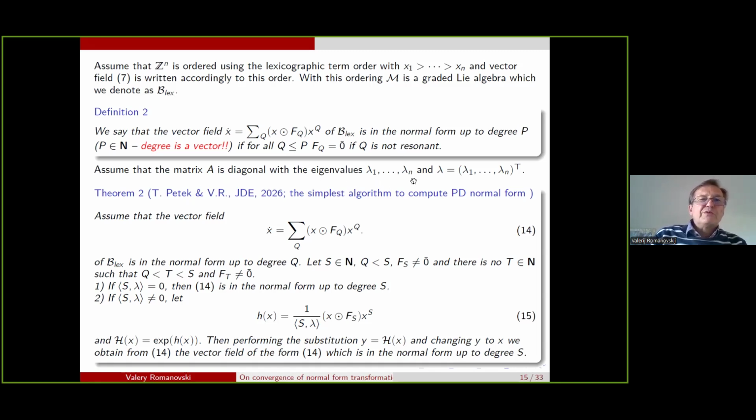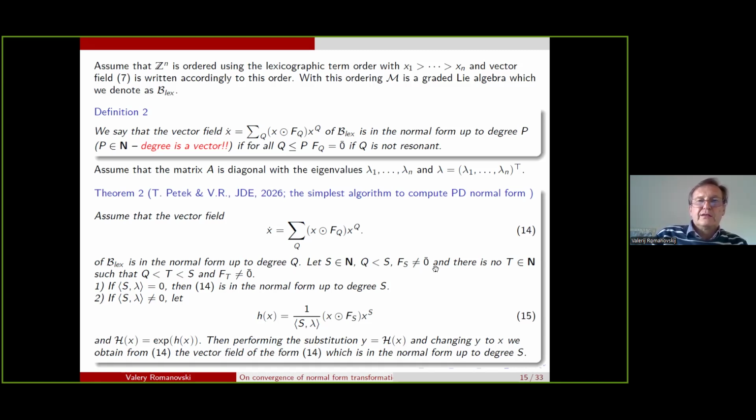And now assume that the matrix A is diagonal with the eigenvalues lambda 1, ..., lambda n, and lambda is (lambda 1, ..., lambda n) transpose. And we have a theorem, which actually provides the simplest algorithm to compute the Poincare-Dulac normal form. So assume that our vector field is in the normal form up to degree q.